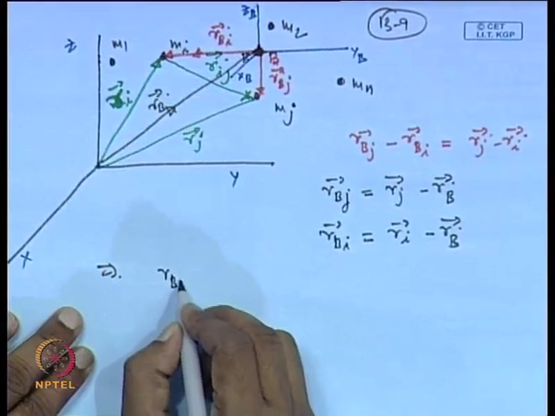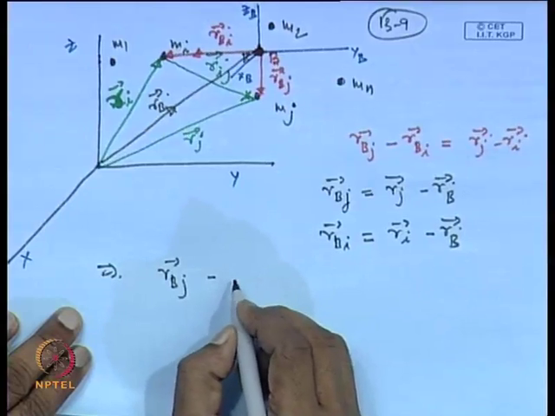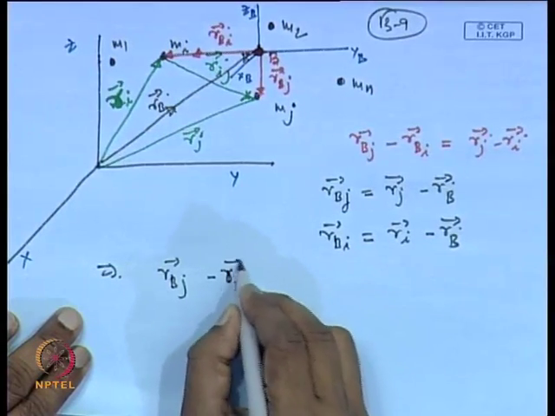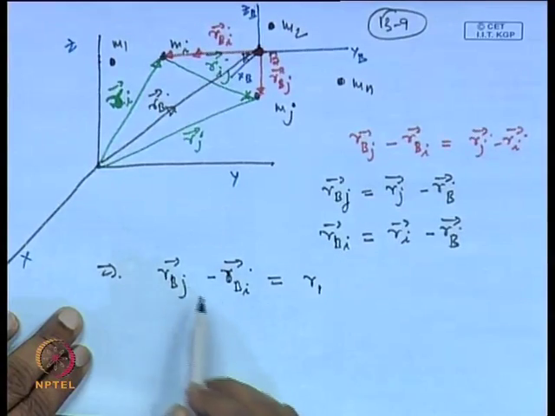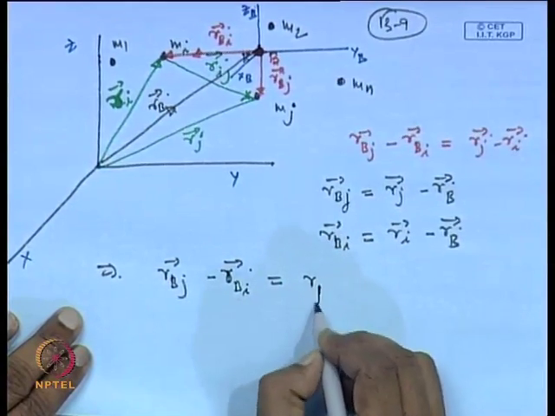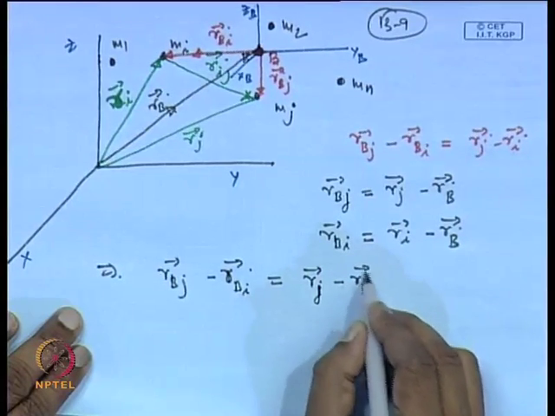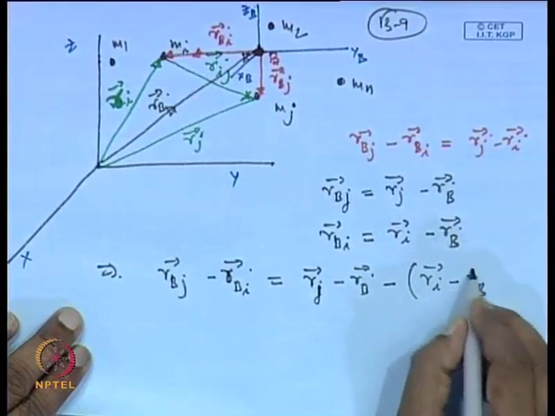r b j minus r b I will be equal to r j minus r b minus r I minus r b.